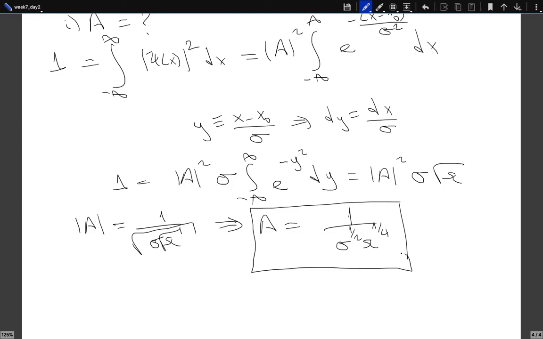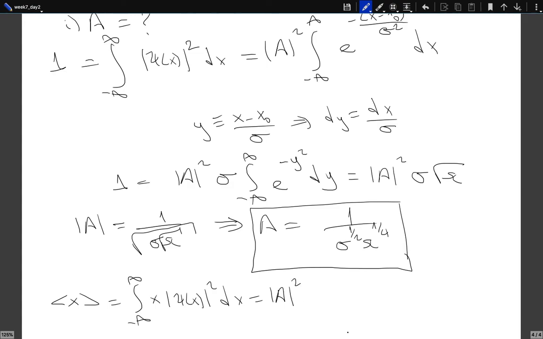Now let's try to find the average of x. The average of x from minus infinity to infinity, x times psi of x squared dx, which is the absolute value of a squared.